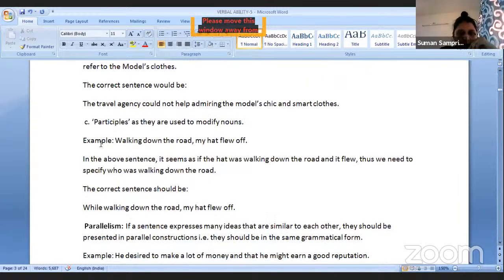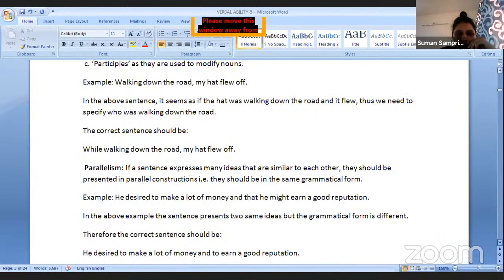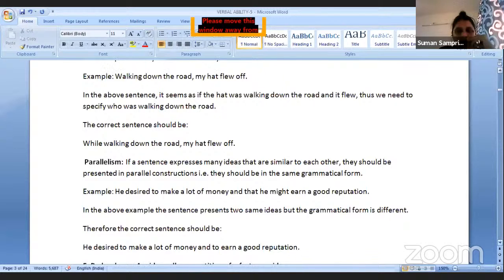So like this: walking down the road, my hat flew off. So when you do not write anything here, it shows that the hat was walking and it flew off. Okay, so the correct sentence will be: while walking down the road, my hat flew off. I will not give all the examples here because I am just giving you the idea of the different areas of sentence correction or sentence error detection. So we will be discussing all these things in detail, so don't worry.